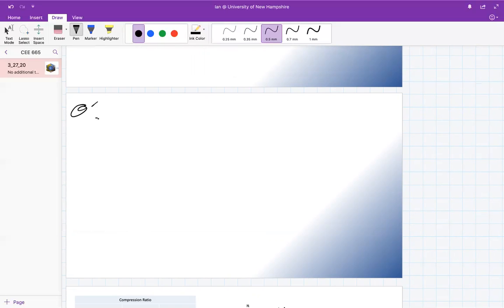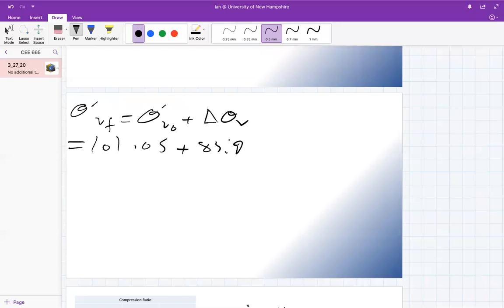So sigma prime VF equals sigma prime V naught plus the change in sigma V. So we get 101.05 plus 85.9. This is for this first soil layer, which equals 186.95 kPa. And we're just going to repeat this for every layer.